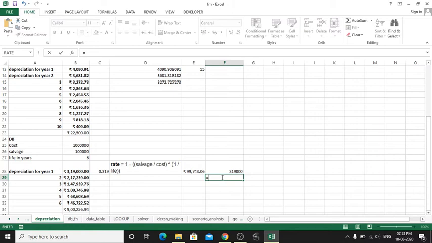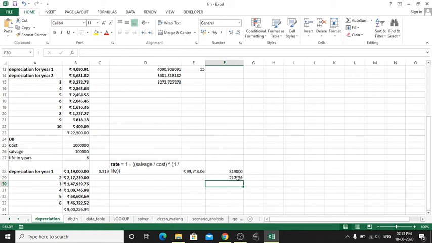For the depreciation value, period 2 will be equal to this value minus the previous depreciation amount value, into the fixed rate value. See, so 217239.